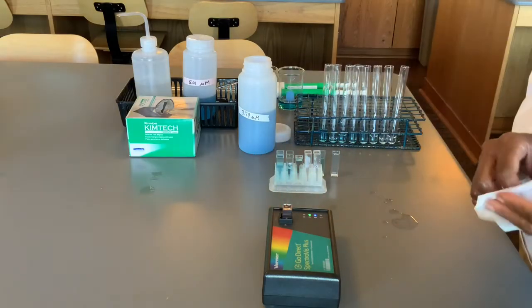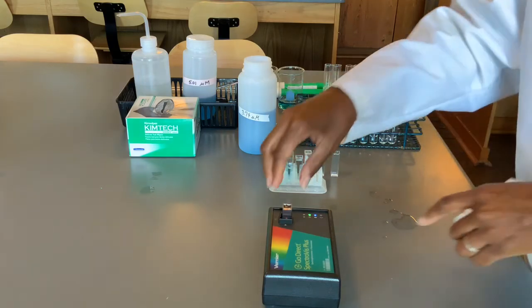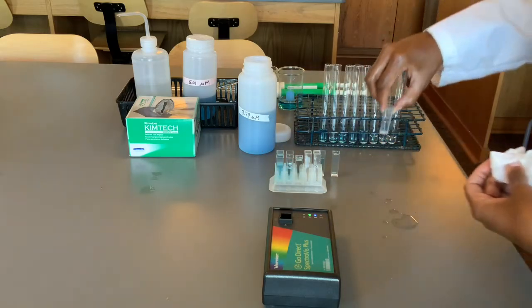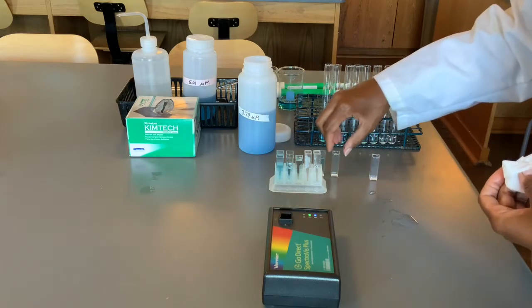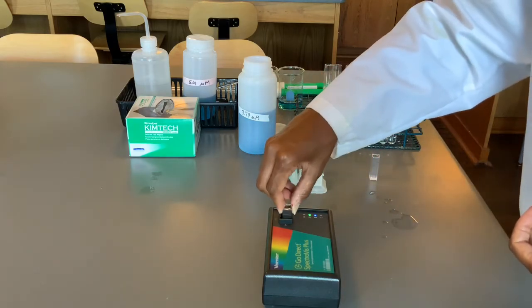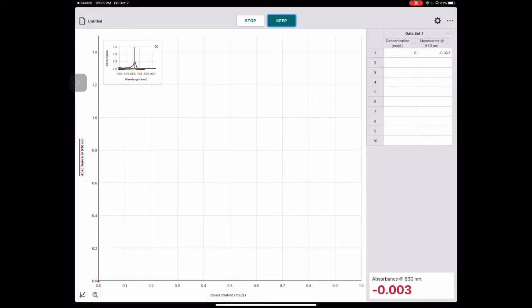After we press Keep and enter the proper concentration in moles per liter, we'll continue successively. Next, enter my second sample.